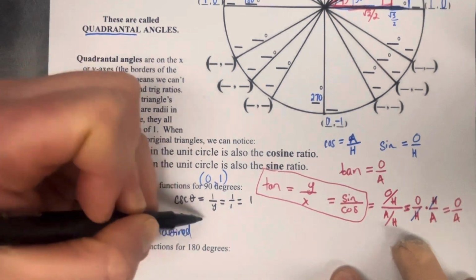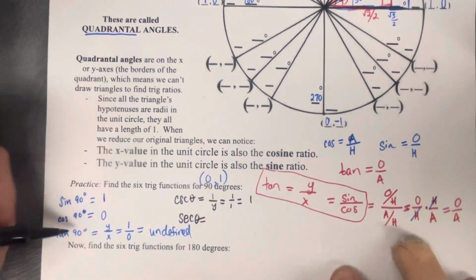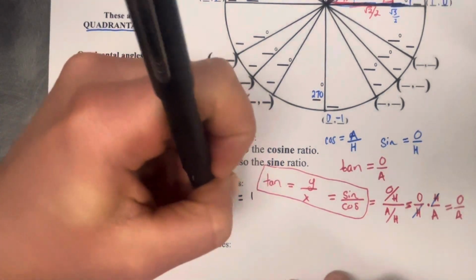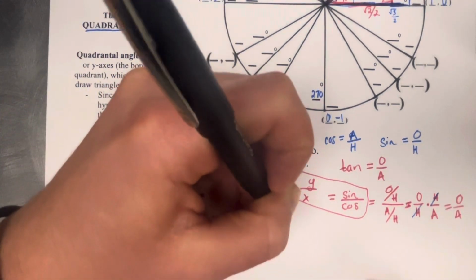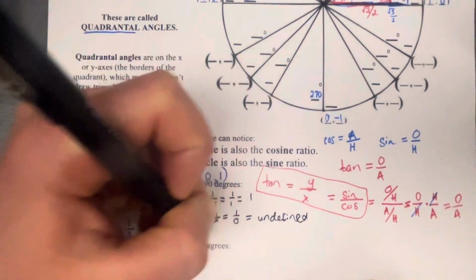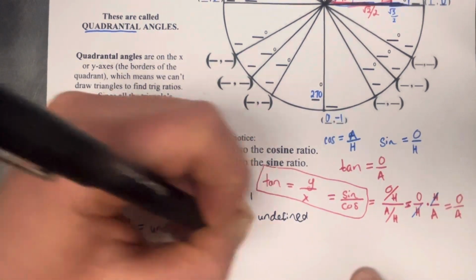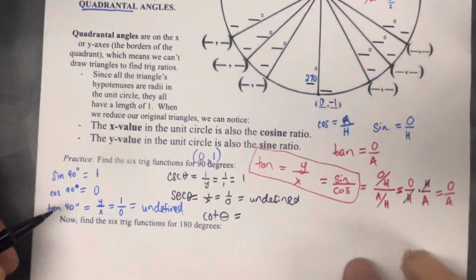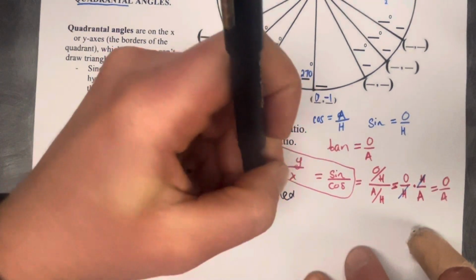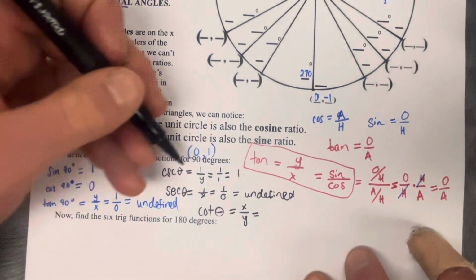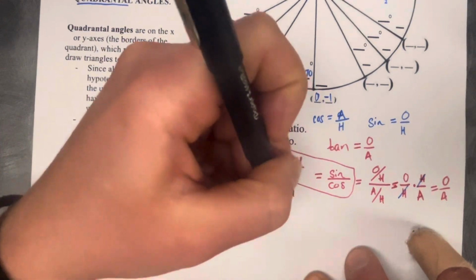Secant is the reciprocal of cosine. That would be 1 over the x value, or 1 over 0. That is also undefined. And finally, the cotangent would be x over y, the reciprocal of tangent, which would be 0 over 1, which is 0.